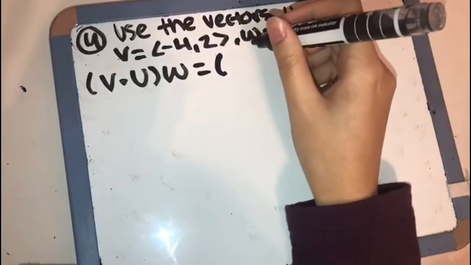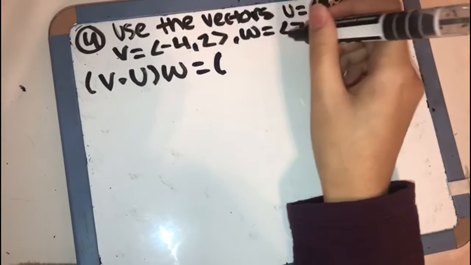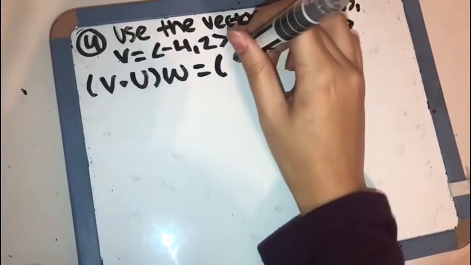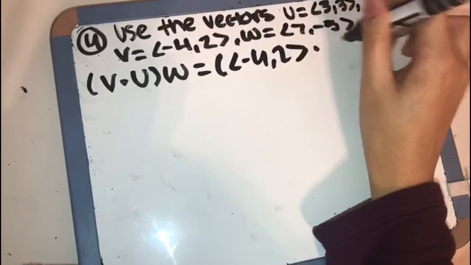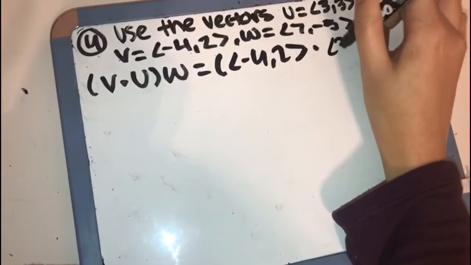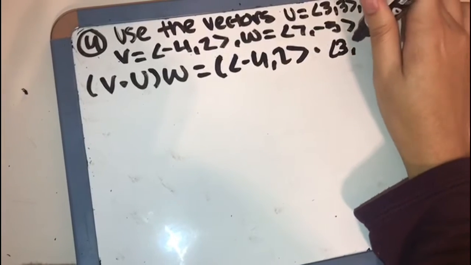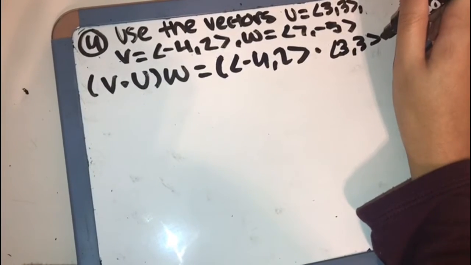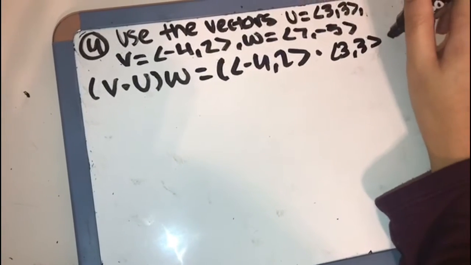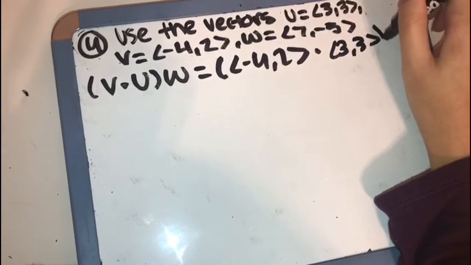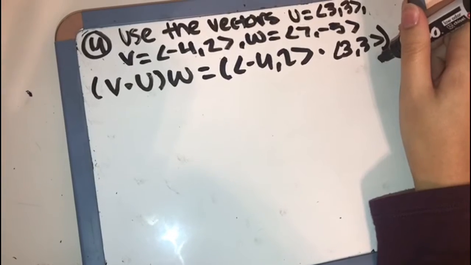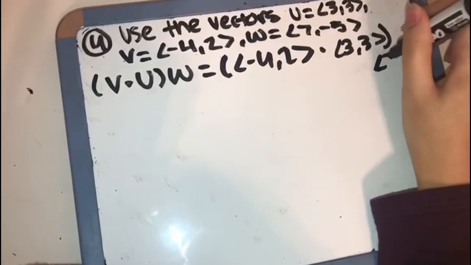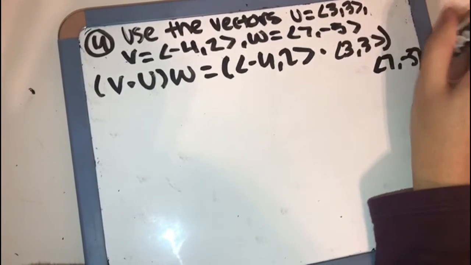For example, since v is first, we're going to be doing -4, 2 times 3 and 3, let me just make it a little smaller, right, and then we're going to do parentheses on both sides, and then we're going to involve 7 and -5 on both sides.